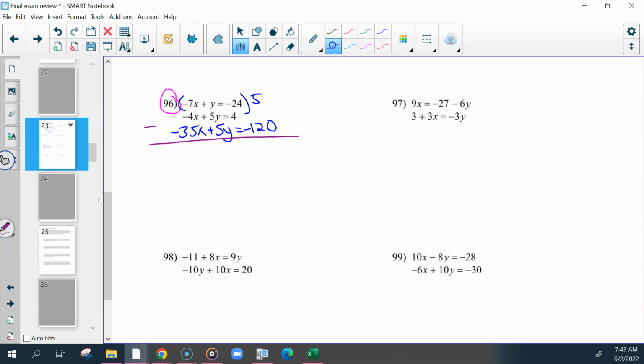So it would be positive 31x. 5 minus 5 would become 0. 4 minus a negative, that would be adding. So positive 124. And then we could divide both sides by 31. So x would be 4.